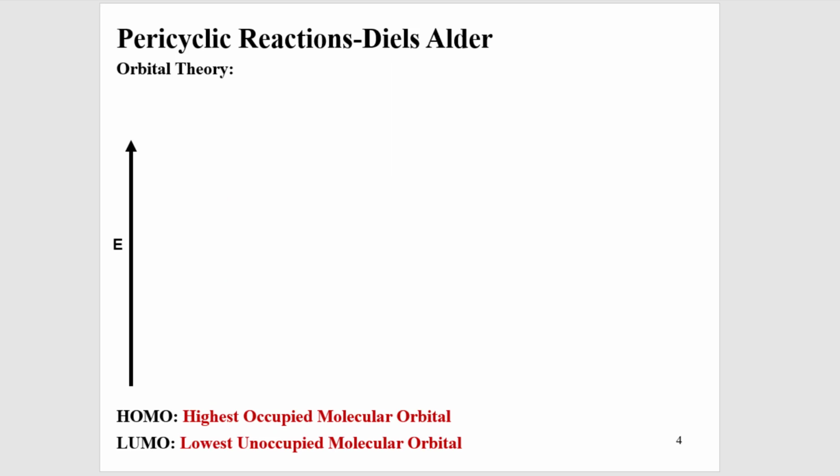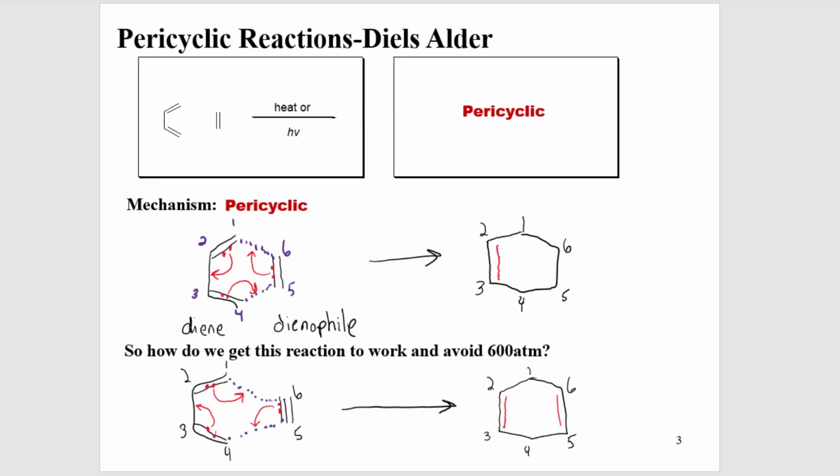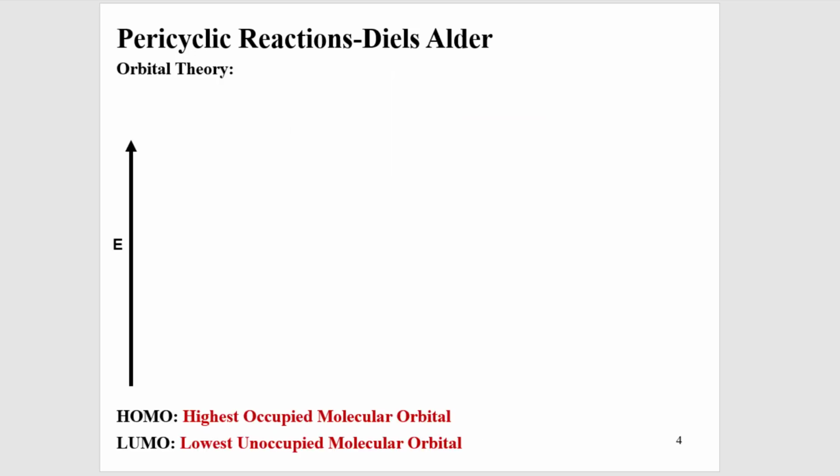So now with understanding where the electrons are moving, let's understand how this works relative to heat and light. I also want to answer the question I posed at the bottom. So how do we get the reaction to work and not have 600 atmospheres? What we're going to do is use inductive and resonance effects.